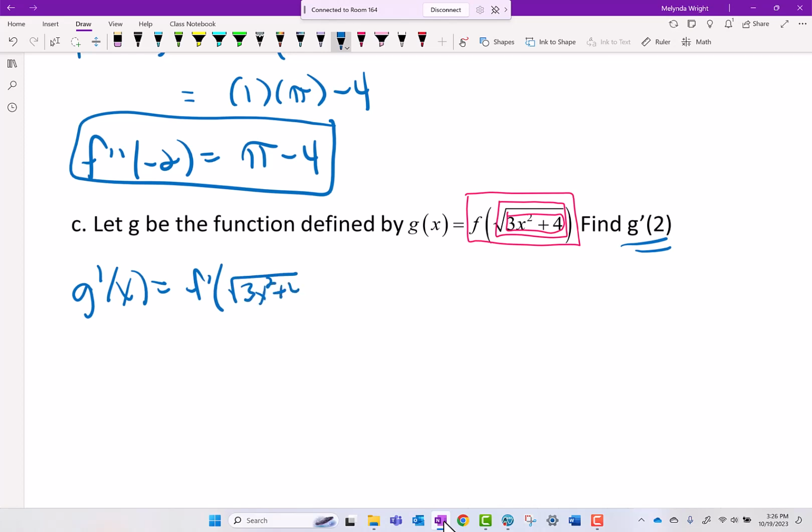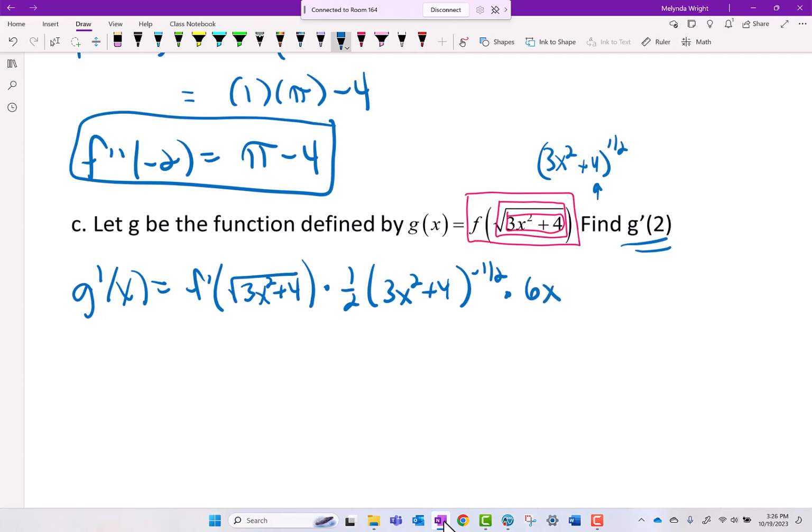Don't look at it. Don't let it freak you out. Times the derivative of, it's like that is to the 1/2, like 3x squared plus 4 to the 1/2. That's what we're doing the derivative of, the 1/2 part. 1/2, copy the inside to the negative 1/2 times the very inside one, the derivative of 3x squared plus 4 is 6x.